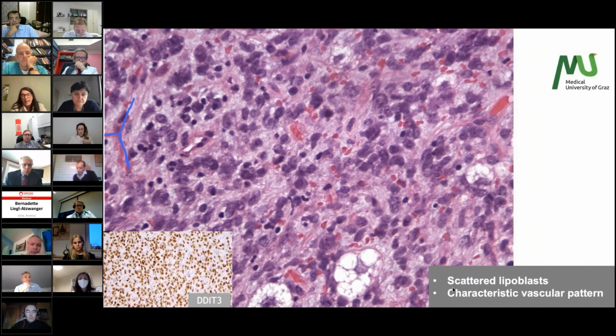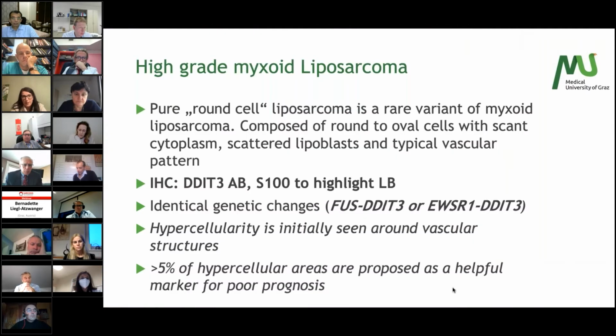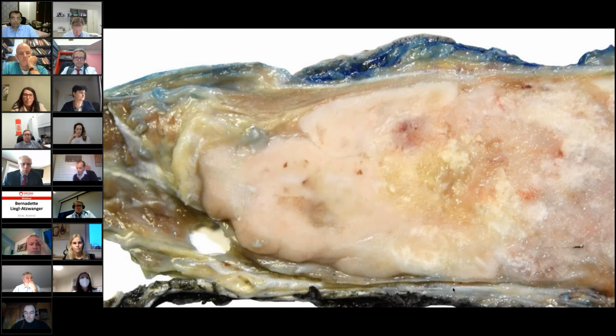And thankfully, there is also a new molecular-based IHC marker on the market, the DDIT3 antibody, which helps in these circumstances. Otherwise, there are no good antibodies for myxoid liposarcoma, and to select a pure round cell liposarcoma, it's only possible with molecular genetics.